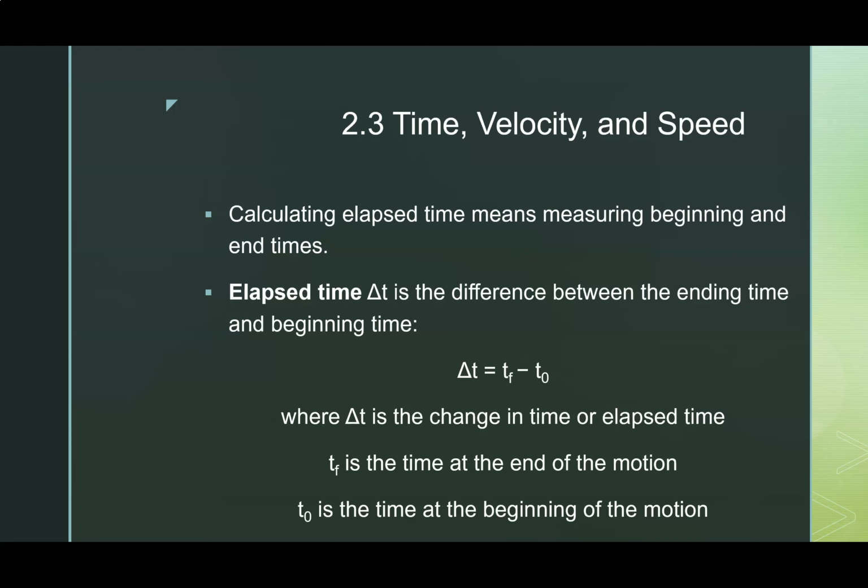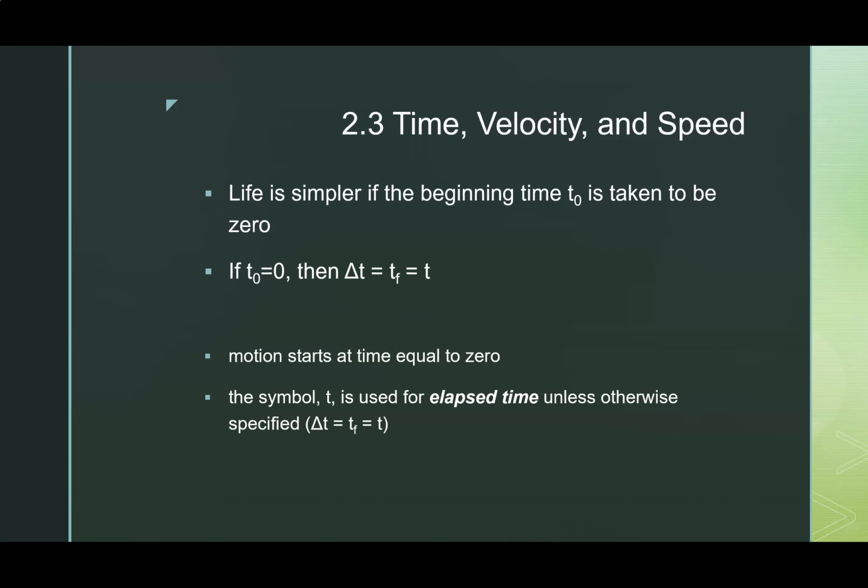And so instead of writing delta t equals tf minus t0, remember f means final, 0 means naught or at the beginning. Since t0 will always be 0, delta t just becomes t. And you'll see that that gets simplified in most of our equations as just t instead of writing delta t. Just so you're aware of why you're not seeing the delta anymore in our equations, it's because we're assuming that at the beginning of a motion we can set the elapsed time to 0.